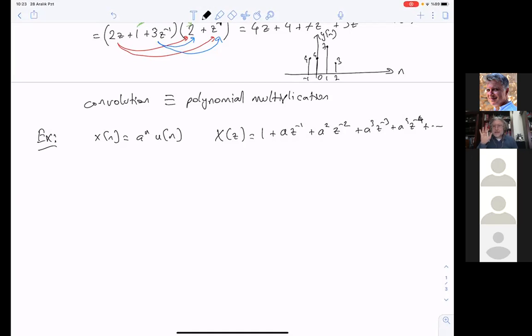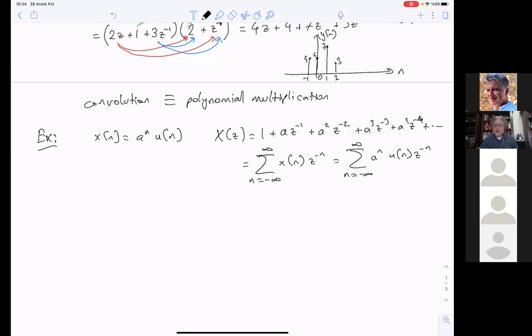This is the Z transform, and I know it. But is it possible to make it in a more compact form? Because what I have written is essentially this summation. I have written the sum over n from minus infinity to infinity of x of n z to the minus n, as the summation from minus infinity to infinity of a to the n u of n z to the minus n.